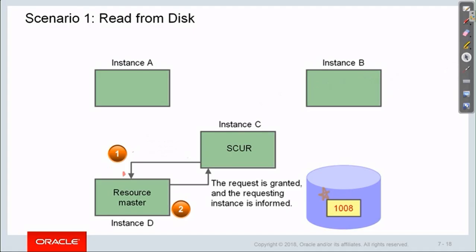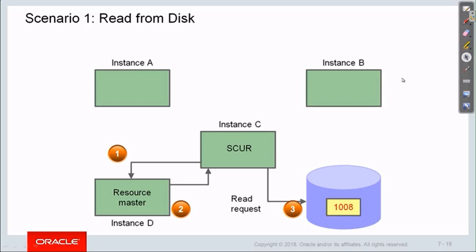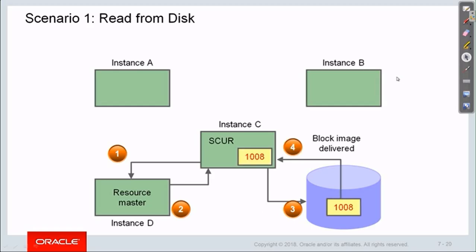So instance D will simply grant the shared current buffer state, and by getting this buffer state, we are able to read the block. We can read the block in instance C with the shared current buffer state. So we read it and cache it. That is disk I/O, and the disk I/O is done directly through instance C.